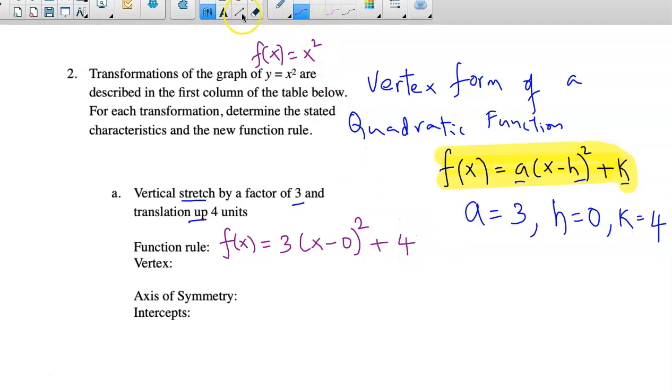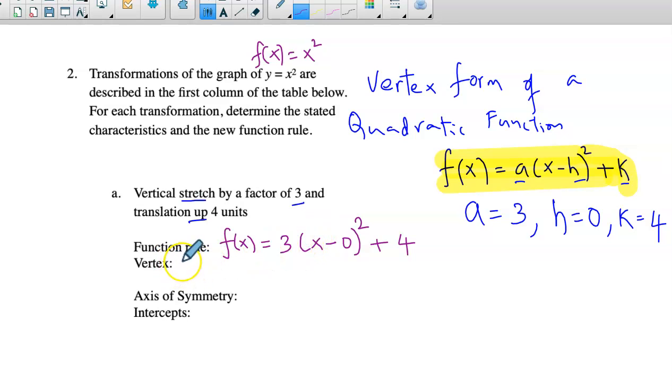In this function I substituted all my values of a, h, and k from the given information. Stretch, that is 3, and vertical movement, there is no horizontal, so h equals 0.